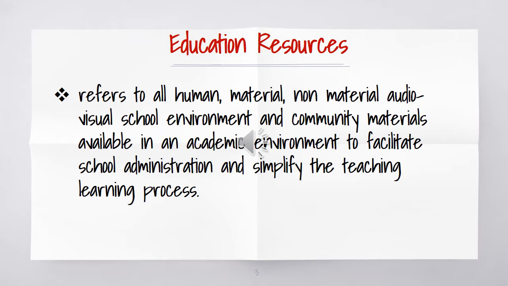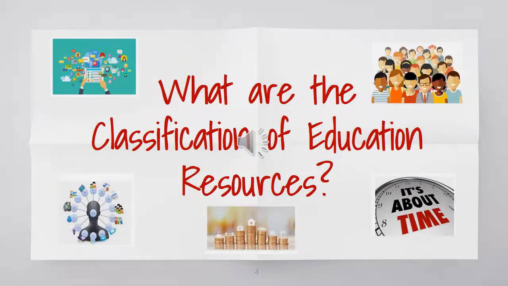It also covers all those materials, human and non-human, drawn or photographed, built manually or electronically operated, books and all forms of related materials used in the teaching and learning process. Let's find out what the classifications of education resources are.